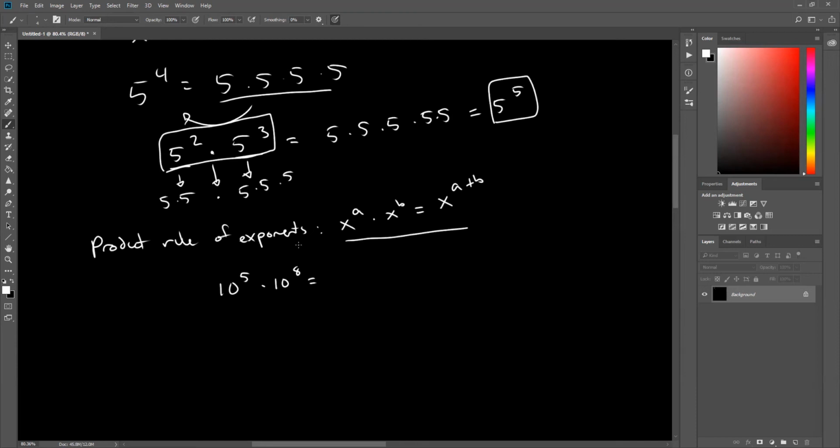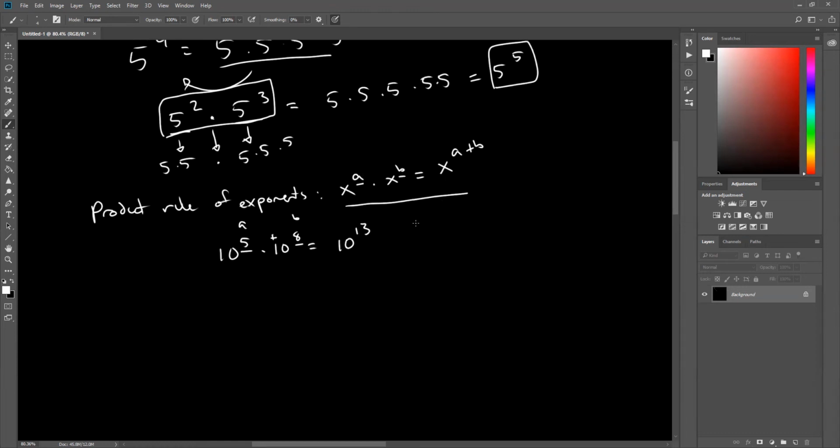It would be 10 with the exponent being 13. Exactly, right. In this case, our 5 is a and our 8 is b, and we just add them together, 13. So yeah, we just add these exponents. Right. So let's try it with variables this time.